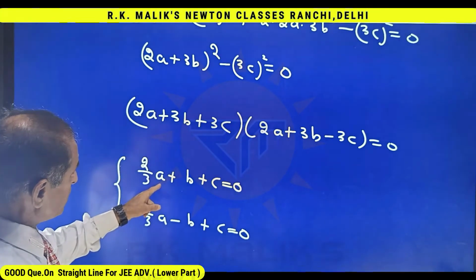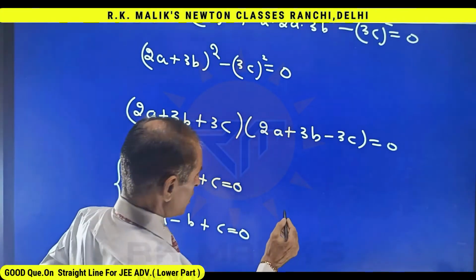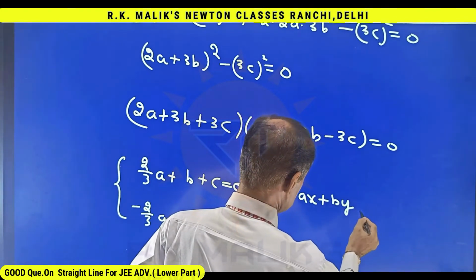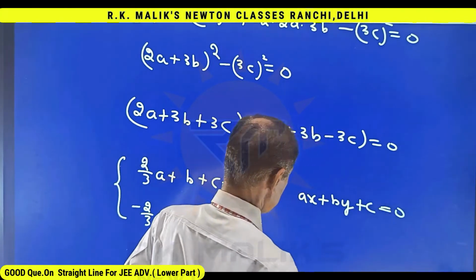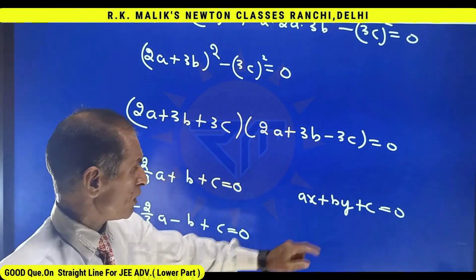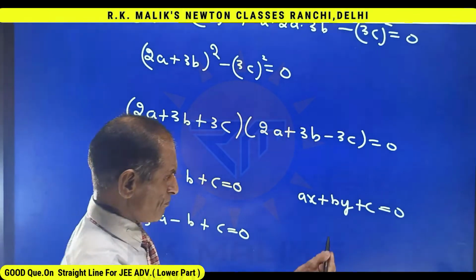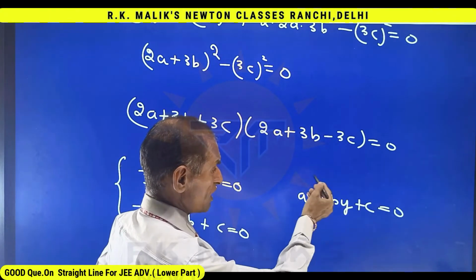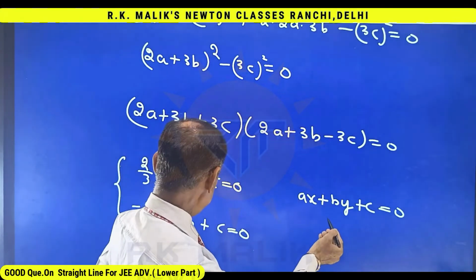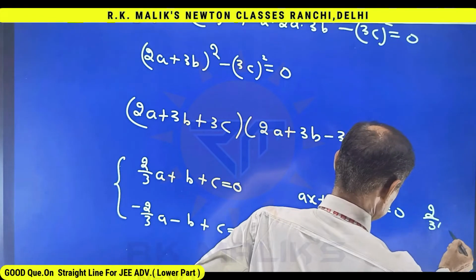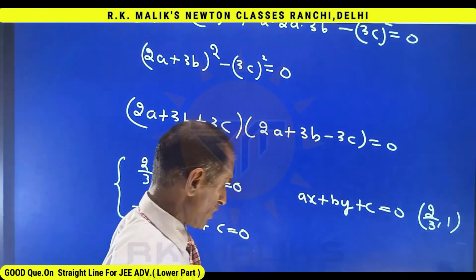And this clearly implies that the line of the form ax plus by plus c equal 0 will surely pass through the point (2/3, 1). That is, for different values of a, b, c, the different lines you will be getting will all surely pass through the point (2/3, 1).